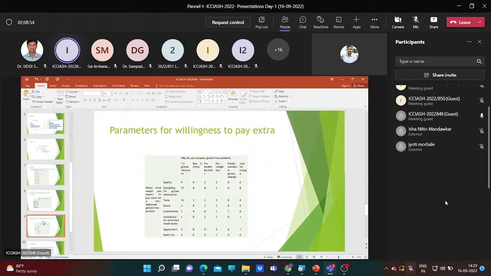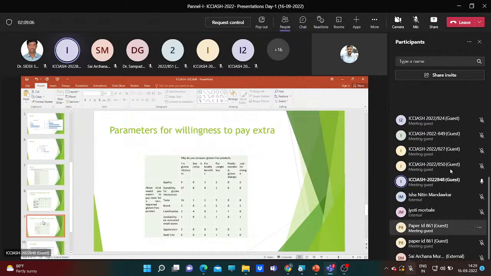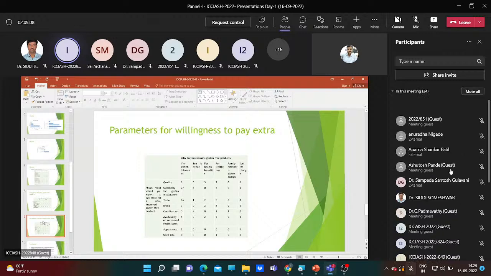Lastly, these were the parameters that made them pay extra for such products. Taste, I would say, and quality were the highest factors that made them pay for such products. Also, respondents consuming gluten-free products for medical purposes were unwilling to pay for shelf life and appearance. Shelf life and appearance were the two factors least considered.